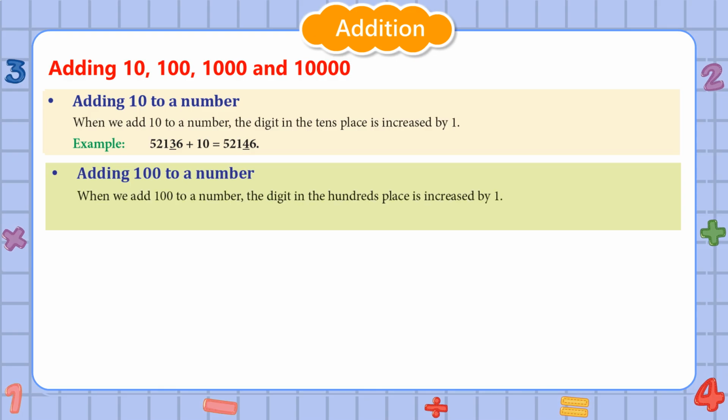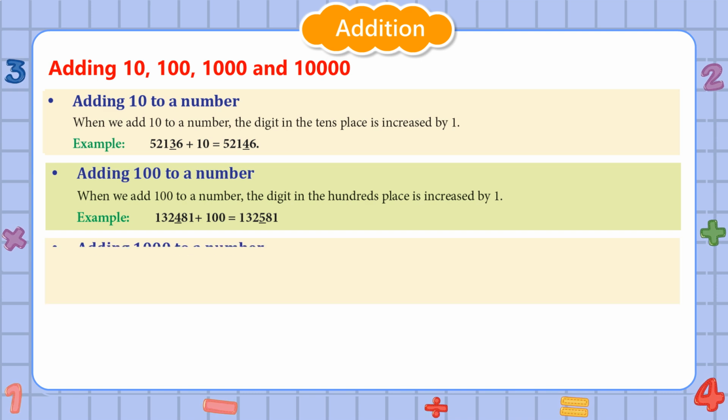Adding 100 to a number. When we add 100 to a number, the digit in the hundreds place is increased by 1. Example: 1,32,481 plus 100 is equal to 1,32,581.